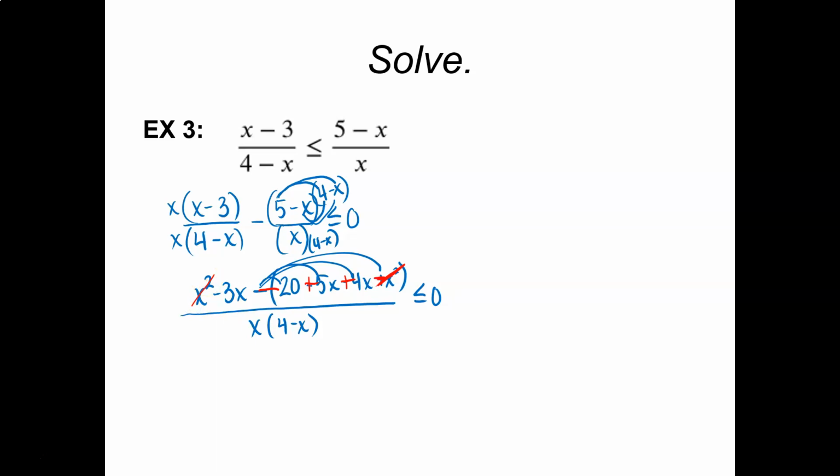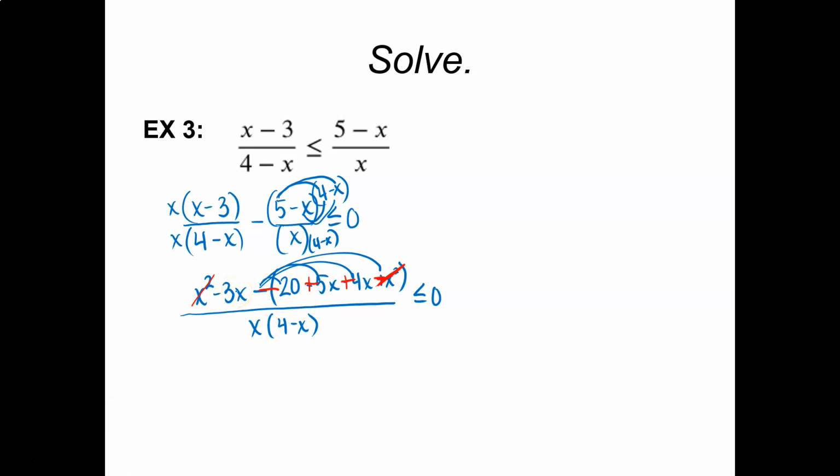Actually, it doesn't matter. You could put the negative 5x and the negative 4x together first, and then distribute, or you can distribute either way. It's fine. And then we've got a negative 3x.